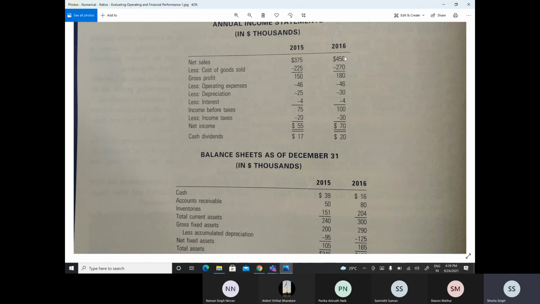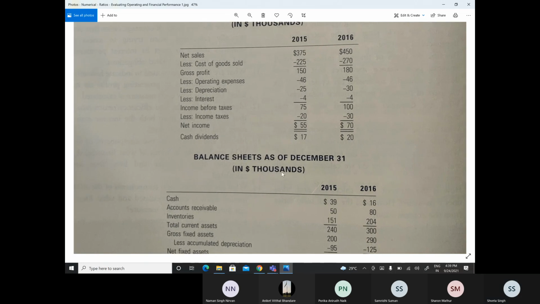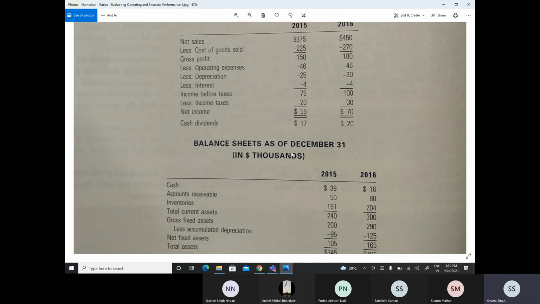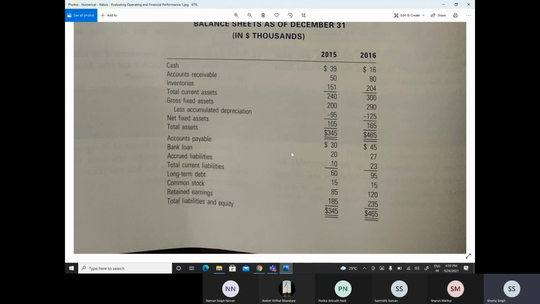Similarly, we are given the annual income statement for 2016 as well. Then when we look at the balance sheet for the 2 years, we start with the current assets, that's cash of $39,000, accounts receivables of 50,000, inventories of 151,000, which gives us a total current assets of 240,000.